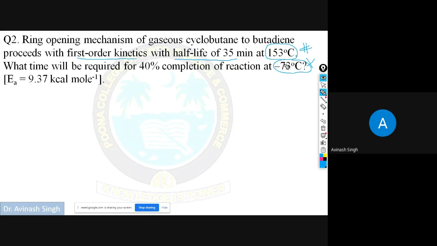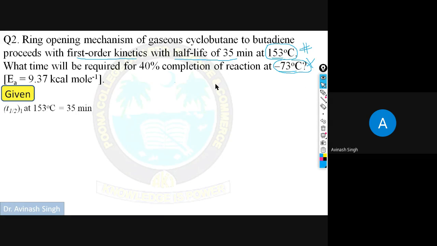But we need K value at minus 73 degrees centigrade or 200 Kelvin. So using Arrhenius equation, assuming that the value we find from here is K1, this is T1, we'll find out the value of K2 at this T2. And once I find out the value of K at this temperature, rest of the numerical is fairly simple.